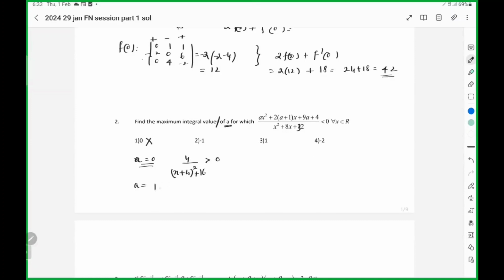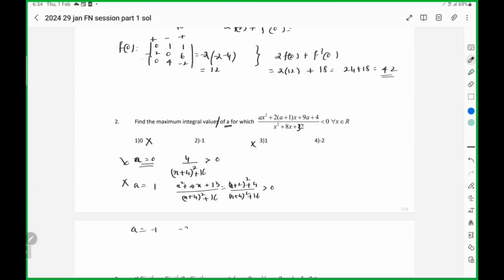If I take a as 1, in place of a 1, x square plus 4x plus 13 by x plus 4 whole square. It is also x plus 2 whole square plus 4, so plus 16. So this case is ruled out. So the first option and third option are ruled out.